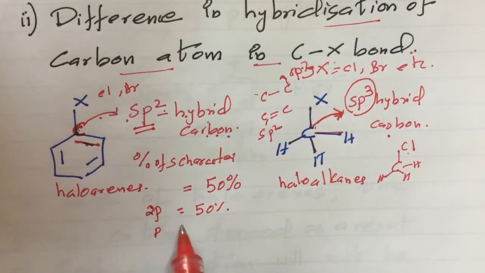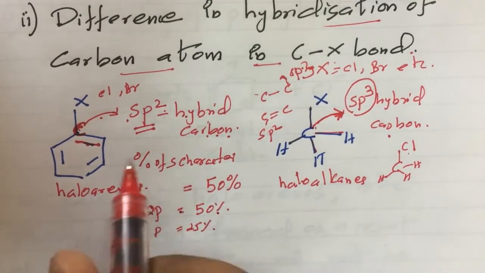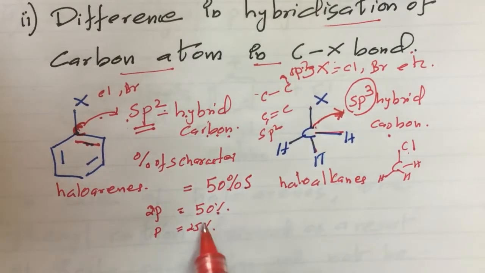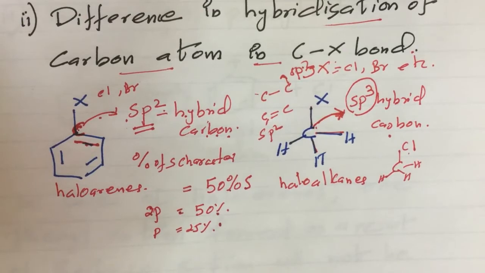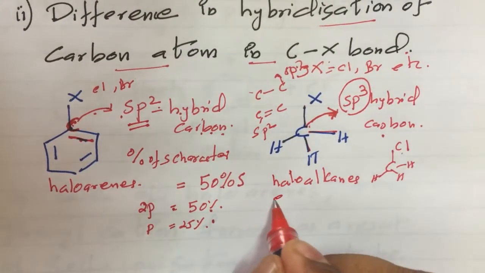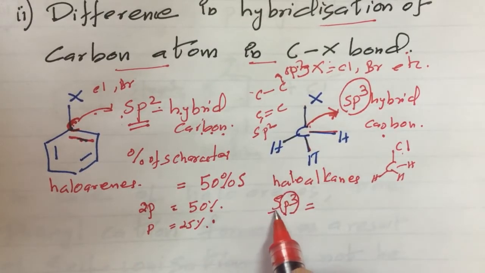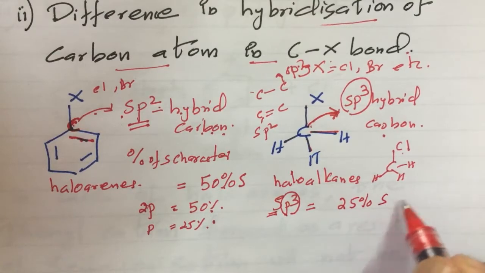Out of 2p, each p is 25 percentage, 25 plus 25, 50 percentage. Then s is 50 percentage, s character, then 50 percentage total p character. But in the case of sp3 hybridization, there are 3p and 1s. So s character is 25 percentage.